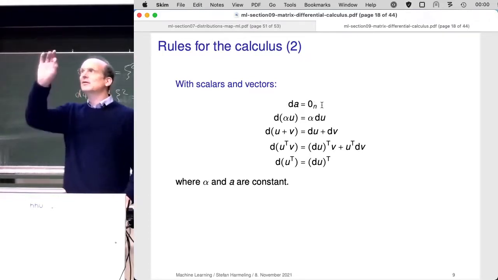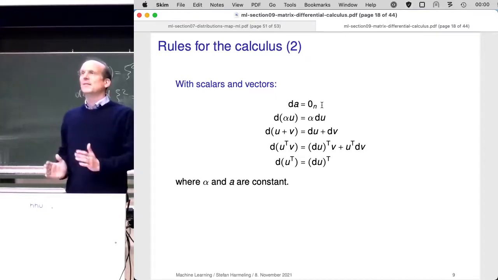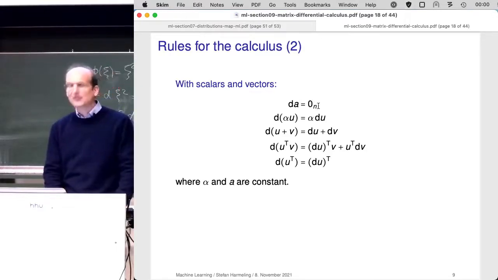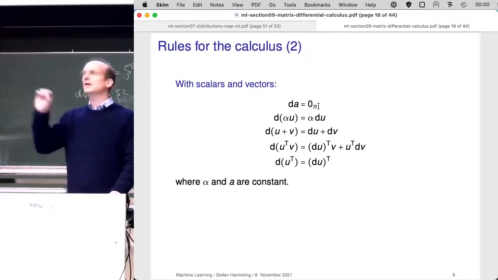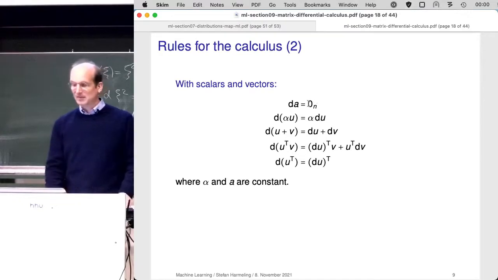However, it's 0 sub n, right? Which means it's the vector of shape n times 1, where all entries are zeros. So that is another notation for numpy.zeros(n). It's a mathematical way to write down the 0 vector.